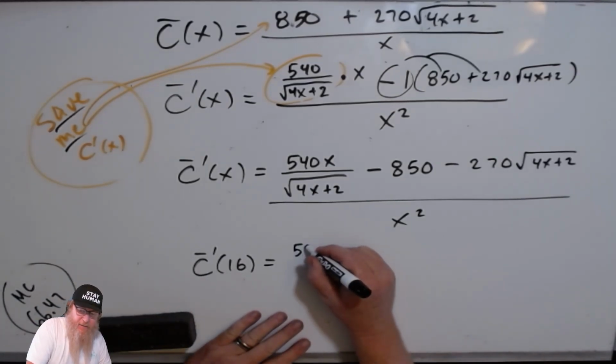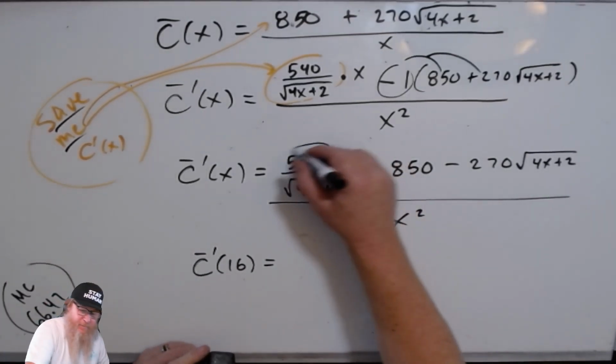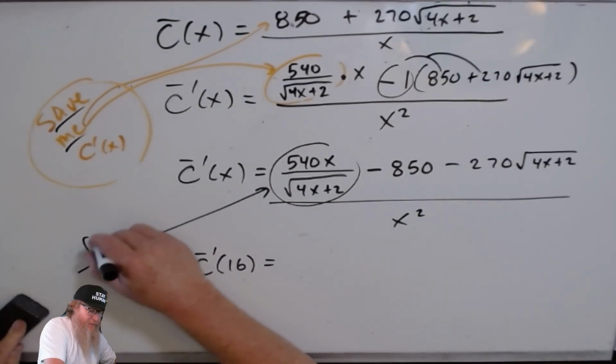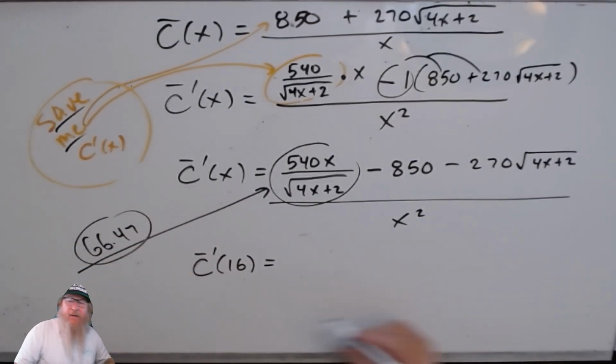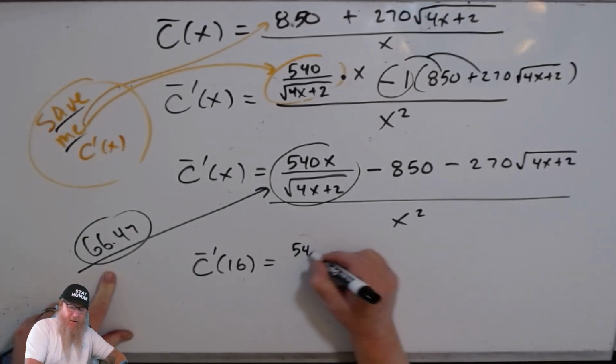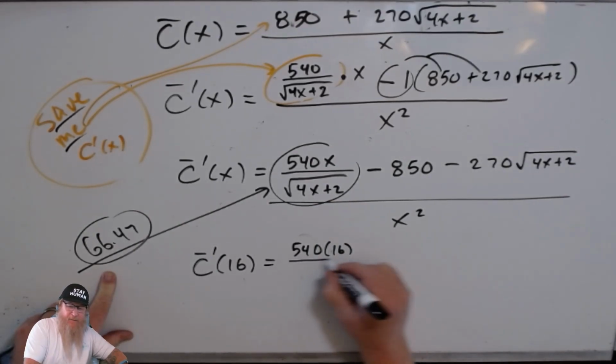540. Oh, by the way, we already know this. 66.47. Yeah, we already have that. I could do it again if I made a mistake.